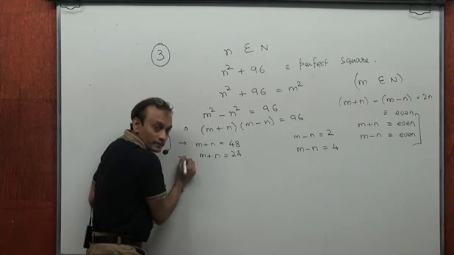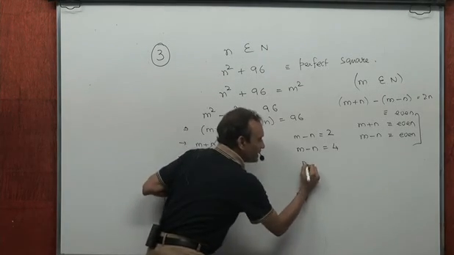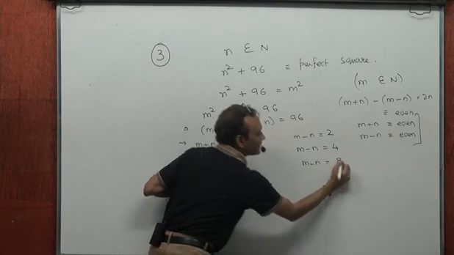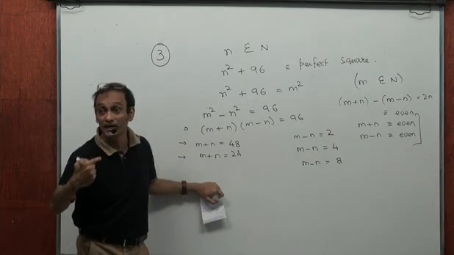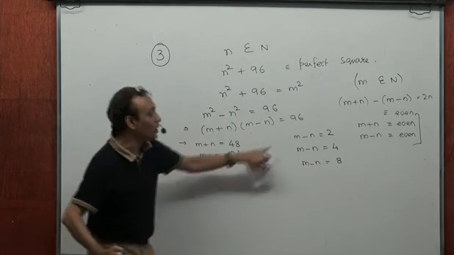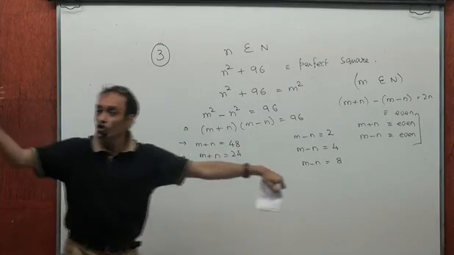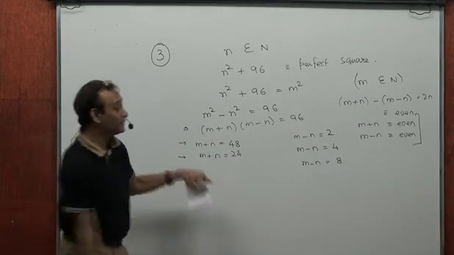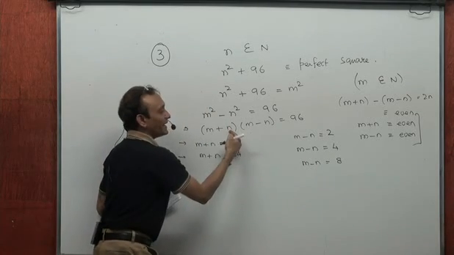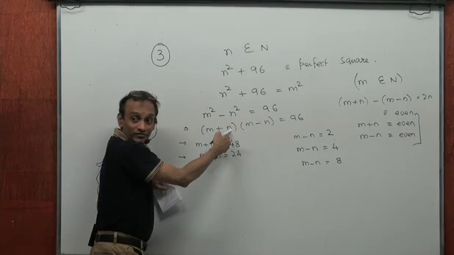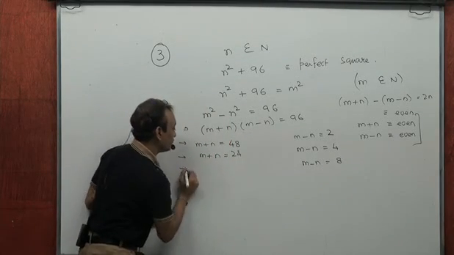See, m minus n and m plus n both have to be even, so I'm not even exploring m minus n equal to 3, m minus n equal to 5. Those are ruled out anyways. If m minus n is 8, then m plus n would be 12.